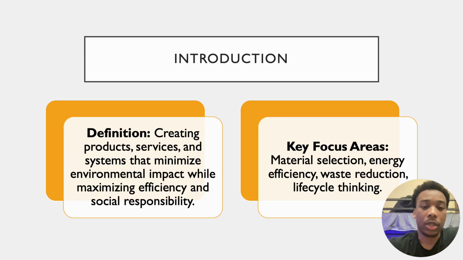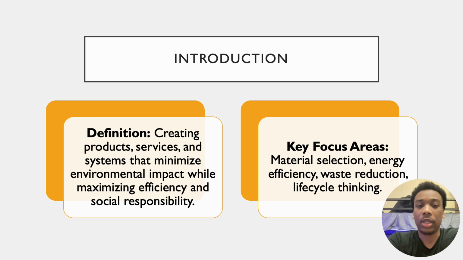So, introduction. Again, it's creating products, services, and systems that minimize environmental impact. But it's important that you don't negate any of the efficiency of the product, right? A sustainable vacuum cleaner, for example, shouldn't be less effective than a regular vacuum cleaner. The sustainability aspect of it should just be a plus, right?